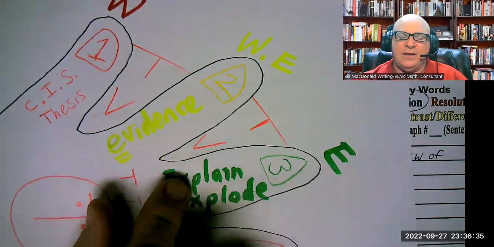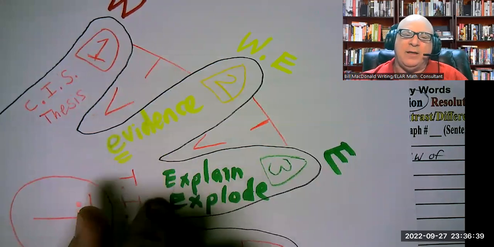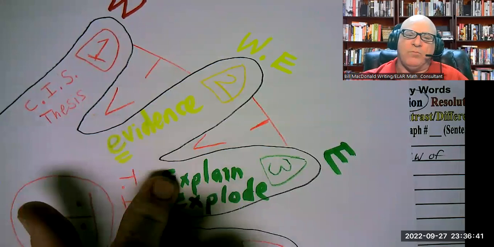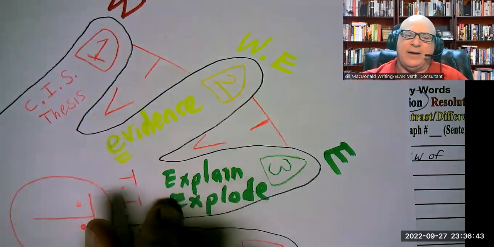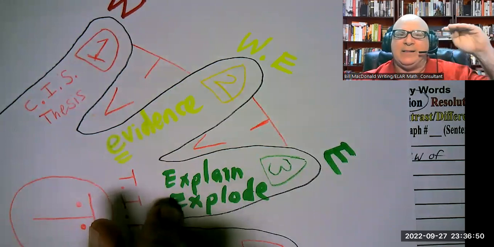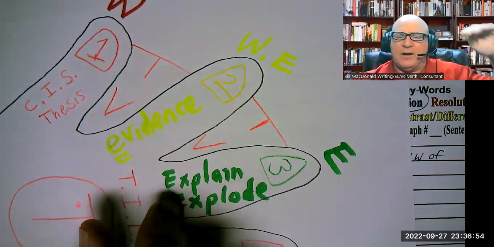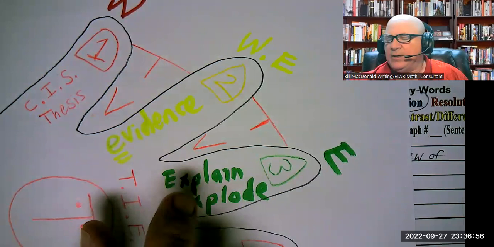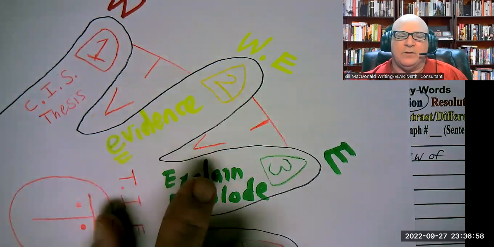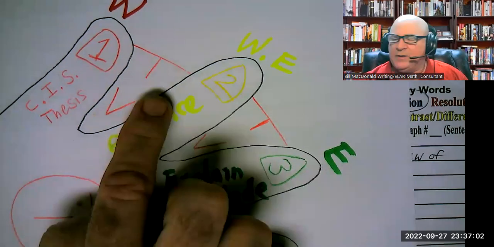And hopefully, as your kids grow in vocabulary throughout the year, they'll begin to explode more and more of their sentences by taking that sentence and looking for word choices that are lower level and climbing that vocabulary ladder to use ones that are higher level. And so that's the other E. So again, we have the WWE for expository.